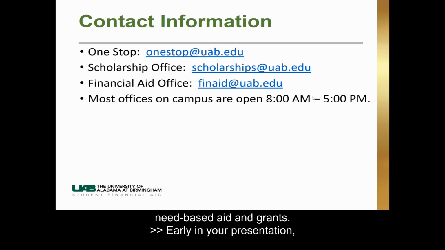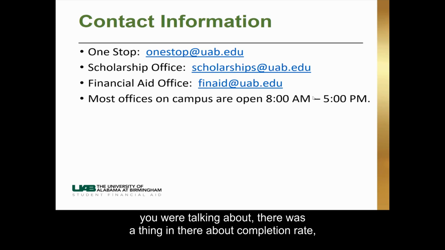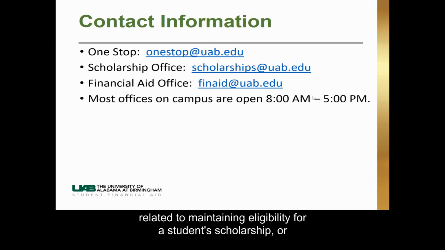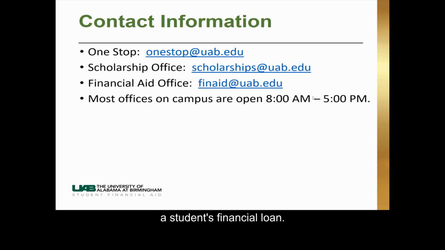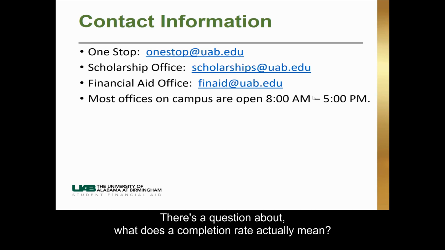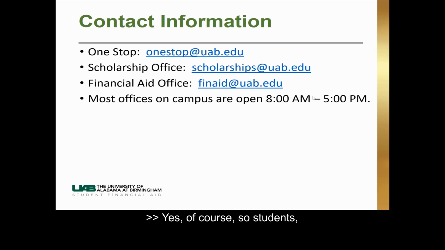Carly, in your presentation, there was a thing about completion rate related to maintaining eligibility for a student's scholarship or student's financial loan. What does a completion rate actually mean? Yes, of course. If students receive an F in a class or if they withdraw from a class after the add drop date.